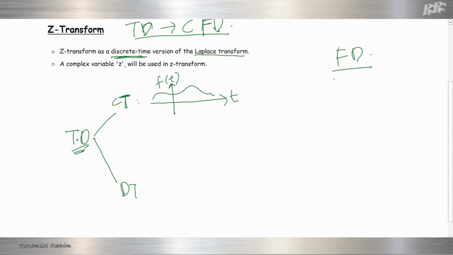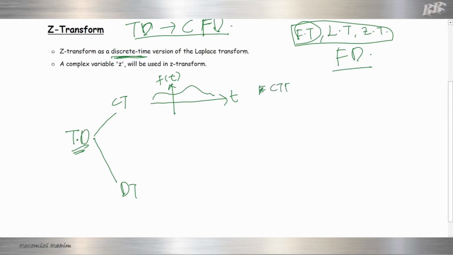We know that to convert from time domain to frequency domain, we can use Fourier transform or Laplace transform, and the latest one is Z transform. To convert from continuous time, we can use the continuous time Fourier transform.